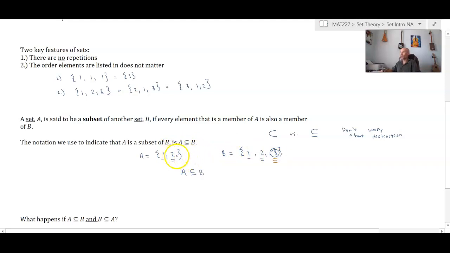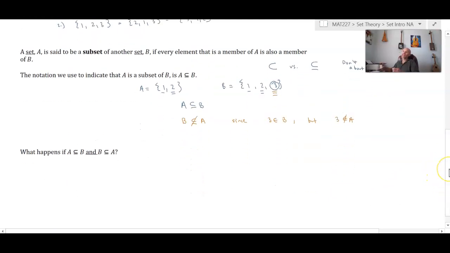It's not inside of A. And so I would write that B is not a subset of A. That's not as common to see as the not an element of, or not equal to, but you could say that B is not a subset of A, since 3 is an element of B, and if it's an element of B, for it to be a subset of A, it would also have to be in A, but 3 is not a member of A.